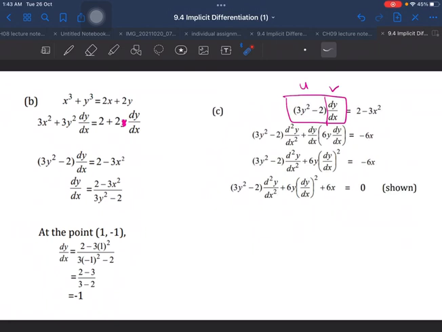We get 3y squared minus 2 d squared y over dx squared plus 6y dy over dx squared plus 6x equals 0. And then we can write it as required, because we have obtained the same expression as the question requires.